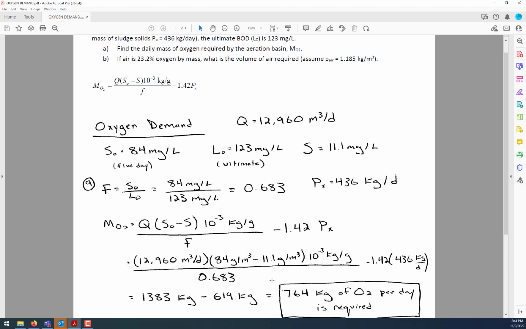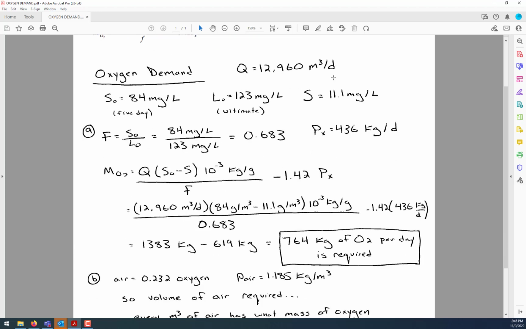And so if we were just going to assume 100% transfer, like perfect efficiency of the gas into the liquid phase, this part B of the question is just saying, well, air is 23.2% oxygen by mass, and then if we assume an air density, trying to figure out, assuming 100% transfer of the air, how much would be required.